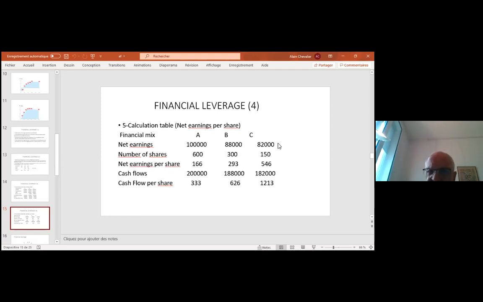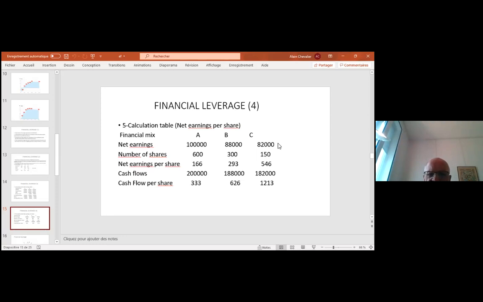And what you understand is that the net earning per share is increasing quickly from A to C. You increase the level of debt and you increase the net earning per share.